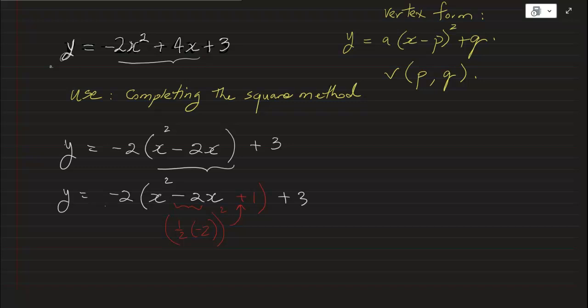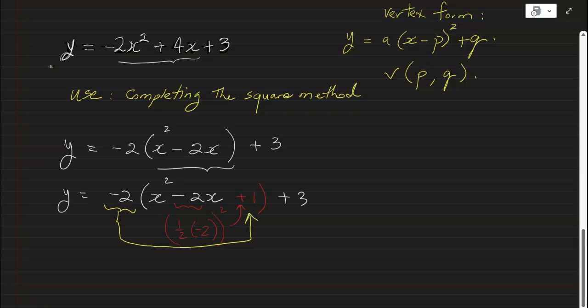We are adding minus 2 times positive 1. So we're adding negative 2. And to neutralize that, we have to add positive 2, because negative 2 times 1 is negative 2. Negative 2 plus 2 is 0. We practically add 0 to the right-hand side.